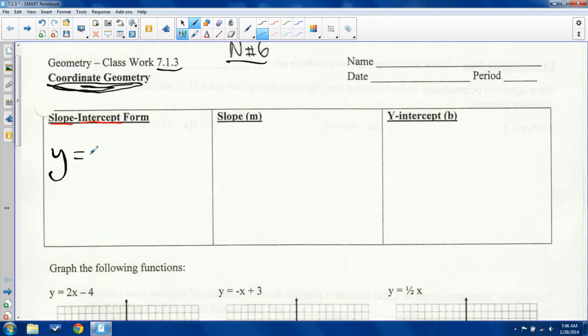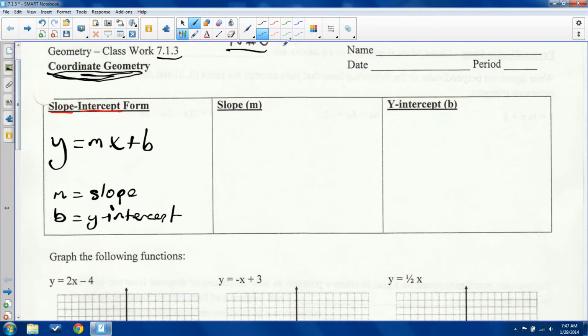So the formal equation is y equals mx plus b, and m is your slope, and b is your y-intercept, because, as we all know, y-intercept starts with b. I do not know why they have that, but you can't use y because they use x and y as the coordinate point that's a solution to your particular equation. So you can't use y, obviously.